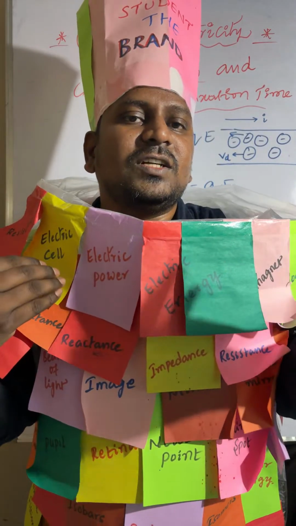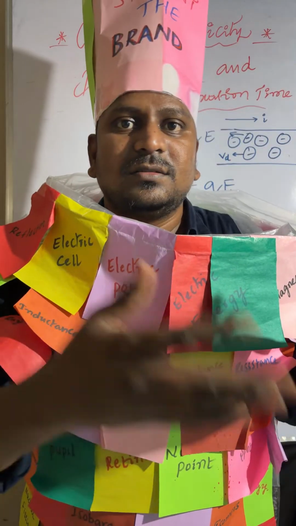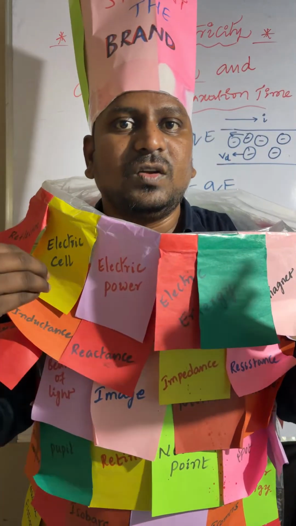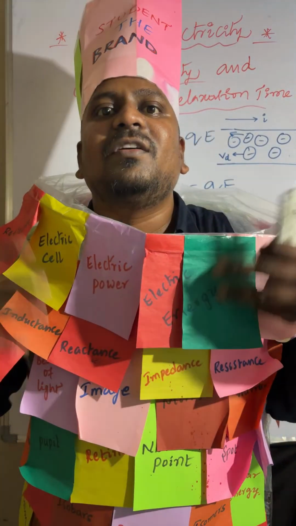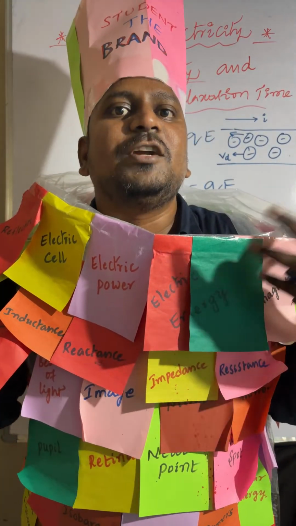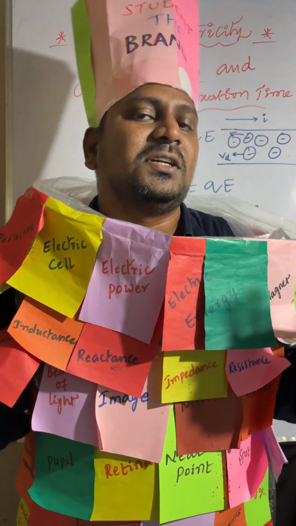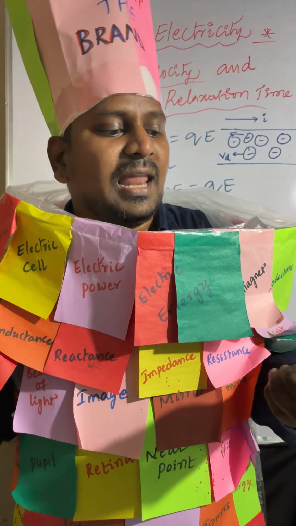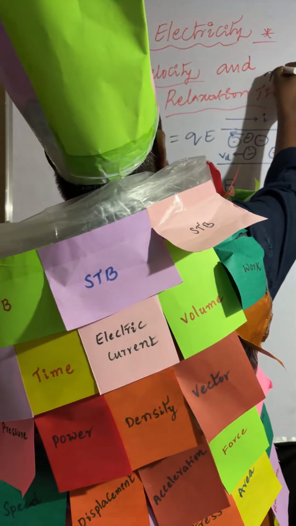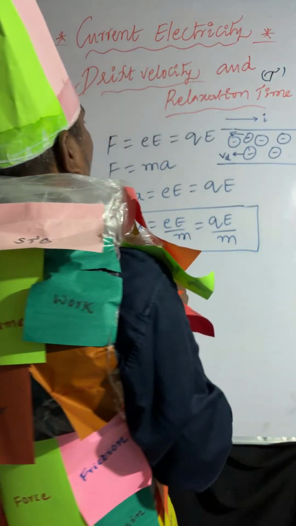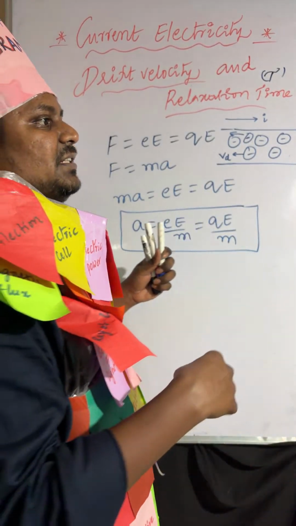So between one collision and another collision, there is a time gap. Overall, the average time between two successive collisions is called relaxation time, denoted with tau. I hope it is very clear. Understood or not? So this is about drift velocity and relaxation time.